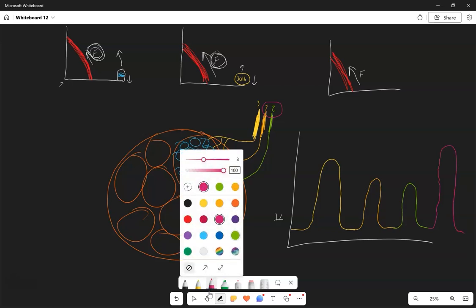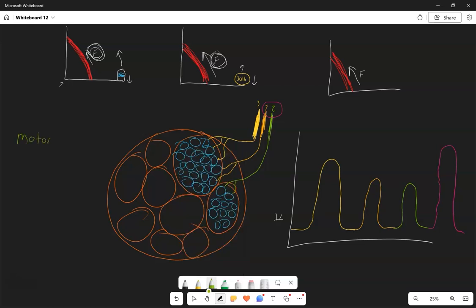So what we have is that a motor neuron plus the myofibers it synapses with is equal to something that we call a motor unit.